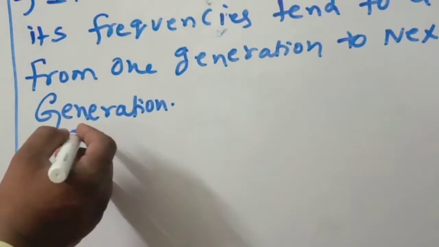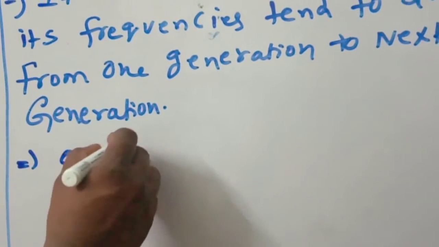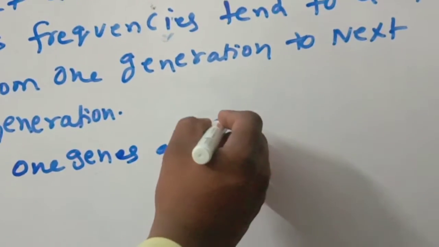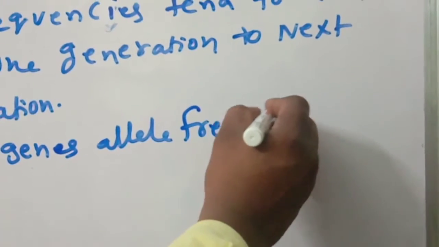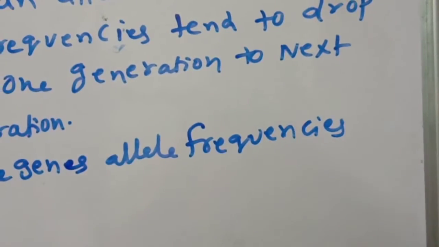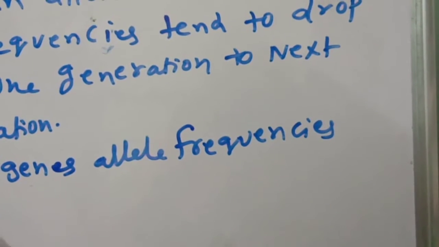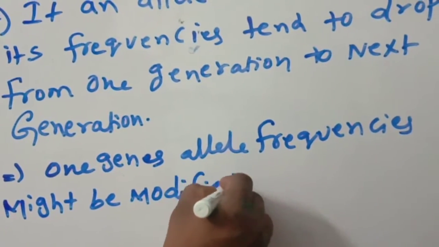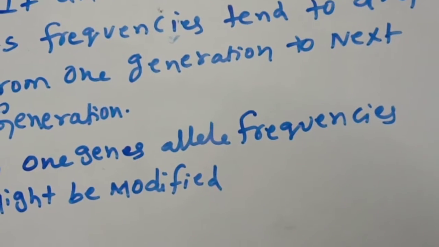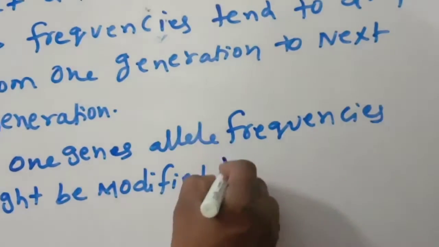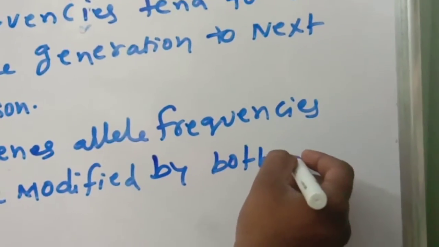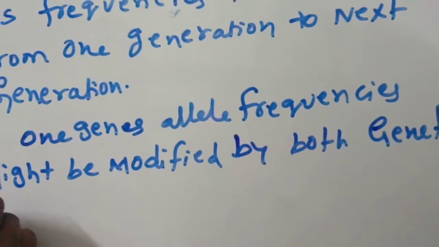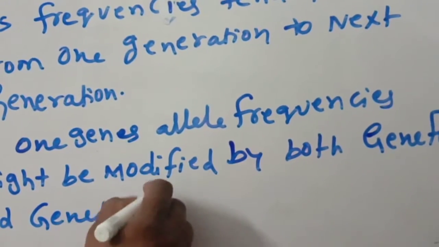For example, one gene's allele frequencies, this point also you should remember, might be modified by both gene flow and genetic drift also.